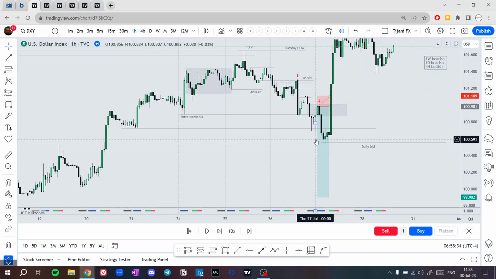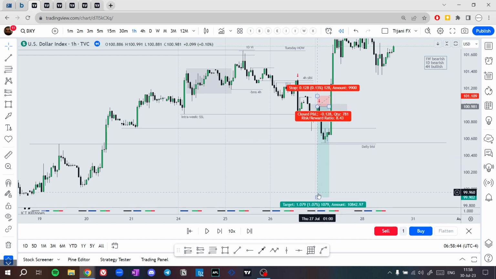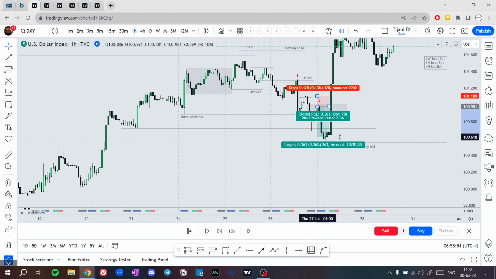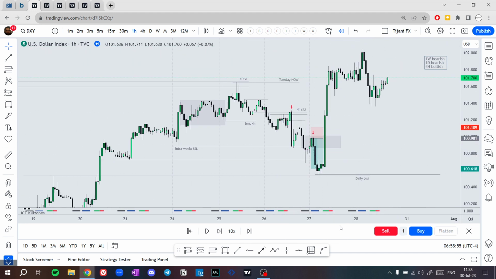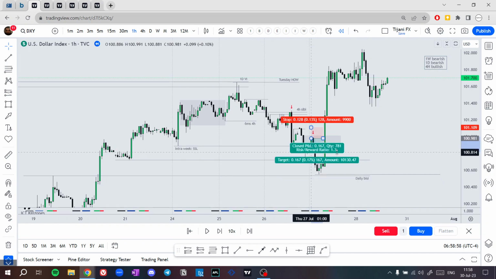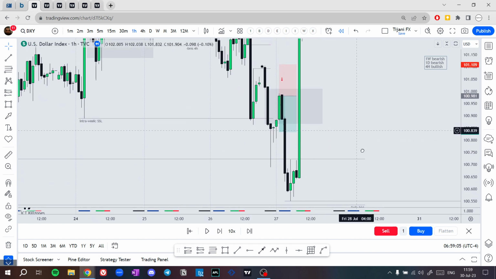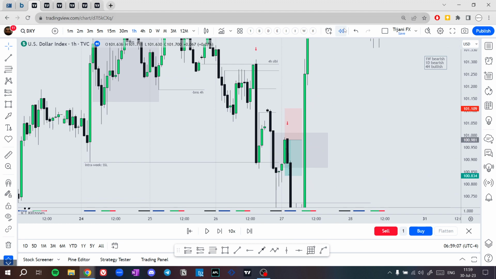We just don't know, but you have to take partials because you don't know. The only certainty in the market is that the market is uncertain. So that's why you have to take partials here. You don't know if price is going to continue lower. Maybe price could just give you something like this. This is the target, giving you 1 to 1. If you didn't take partials and were targeting this low, then it drops, then it shifts higher.